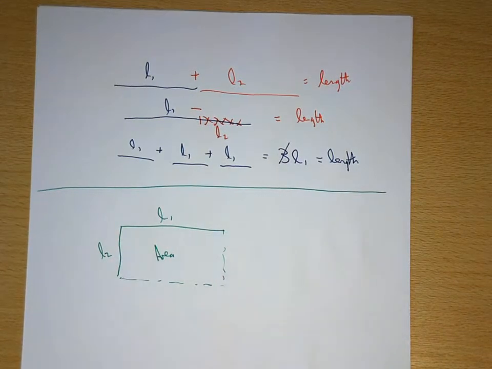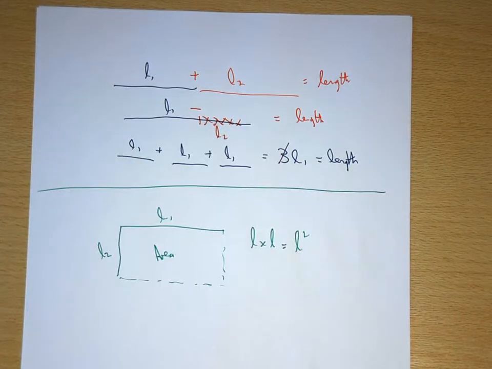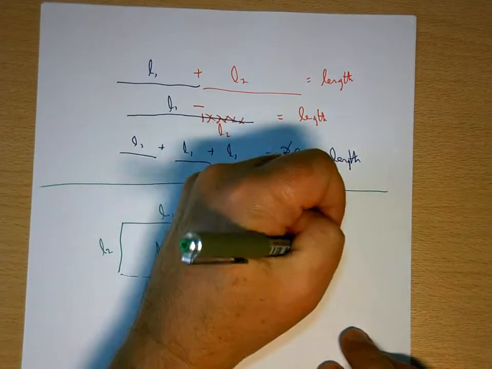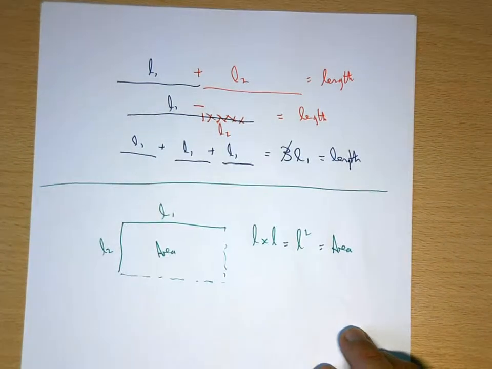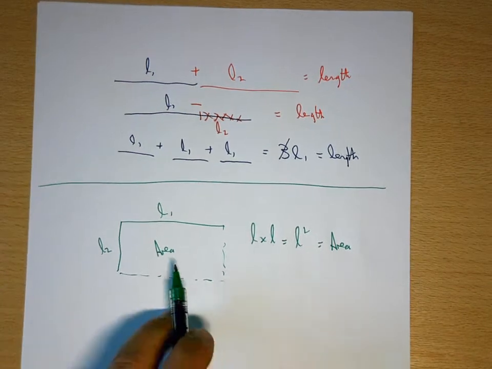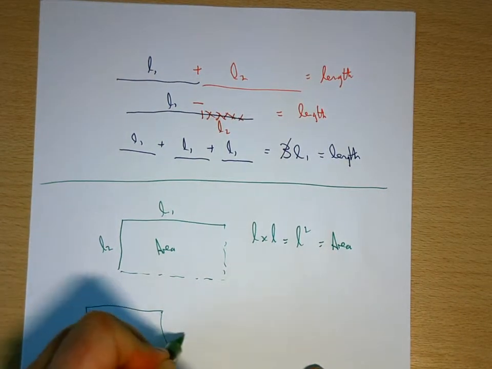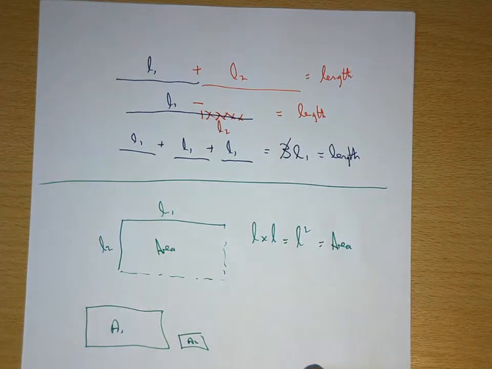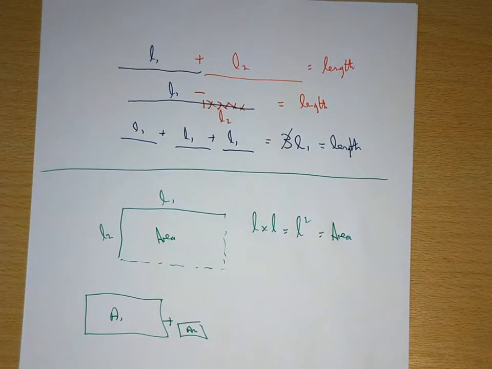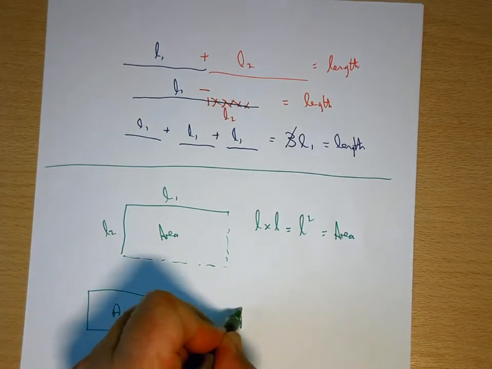So if we've got a length times another length, we end up with a length squared, and we know that a length squared is an area. If we add areas, so if we've got an area 1 and an area 2, that makes sense. It gives us a larger area, but it's still an area.